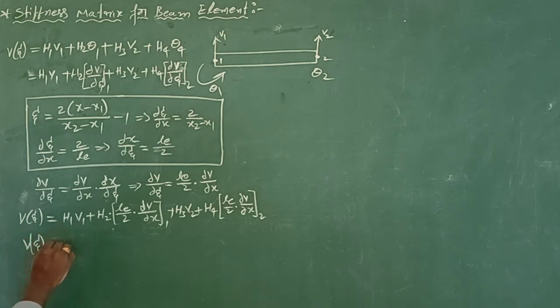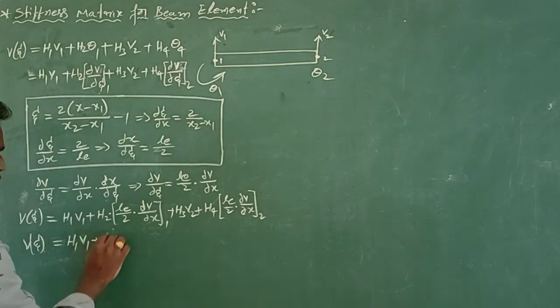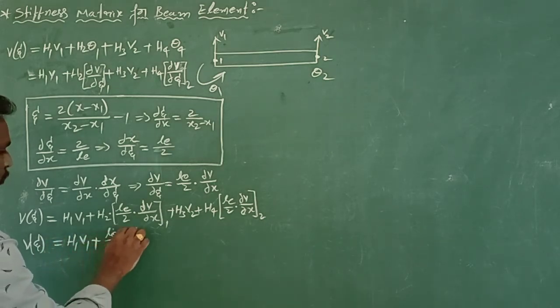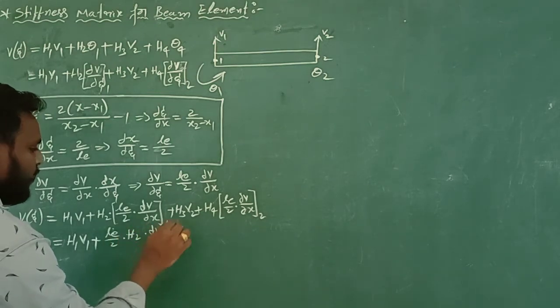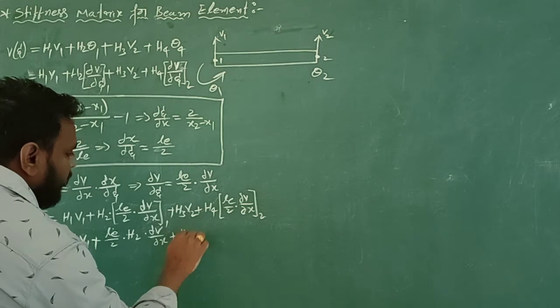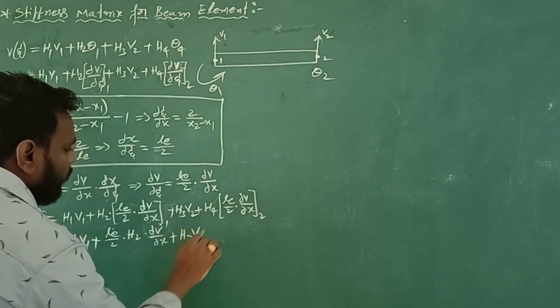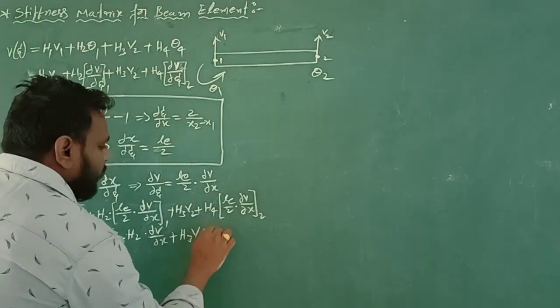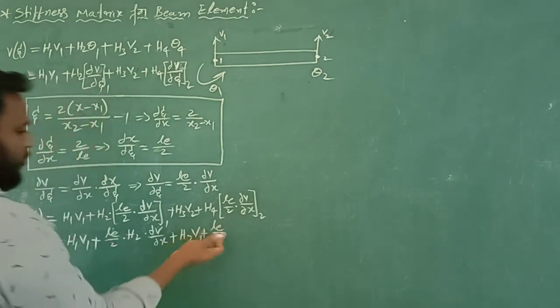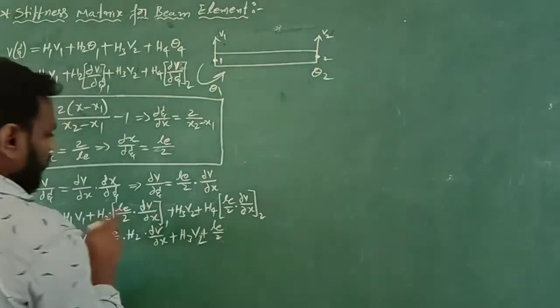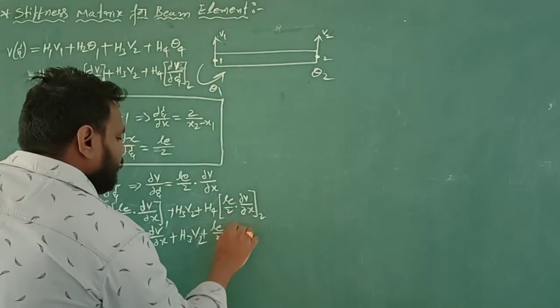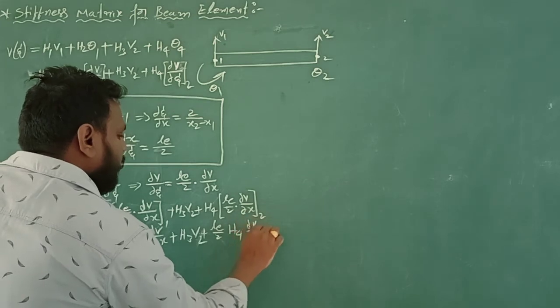Some simplification is there, so I will not write it. h1 v1 plus LE by 2 into h2 into dou v by dou x, plus h3 v2 plus LE by 2, some constant. That's why I am putting it in front of h2 and h4. So h4 into dou v by dou x.